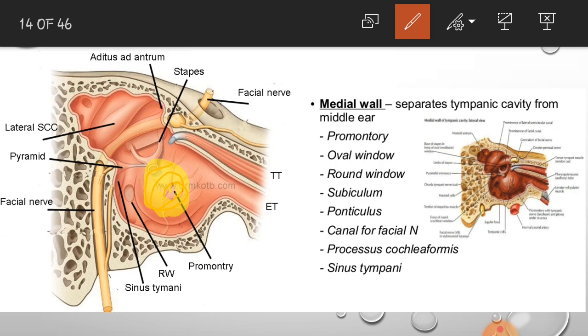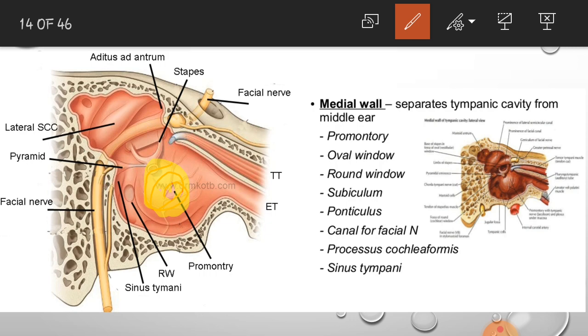The cochlea is the hearing organ in the internal ear, and we're going to talk about it when we discuss the features of the internal ear. Right now you just need to know that the promontory is an elevation made up by the basal turn of the cochlea. It elevates a mucosal fold into the tympanic cavity, and as a result we can see this round elevation in the medial wall.